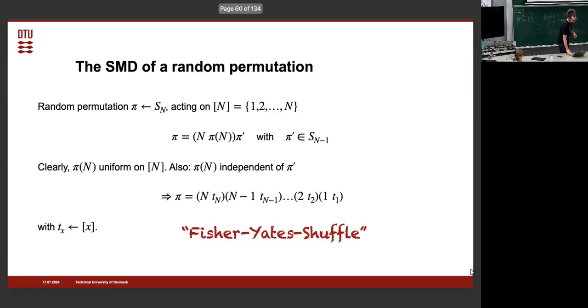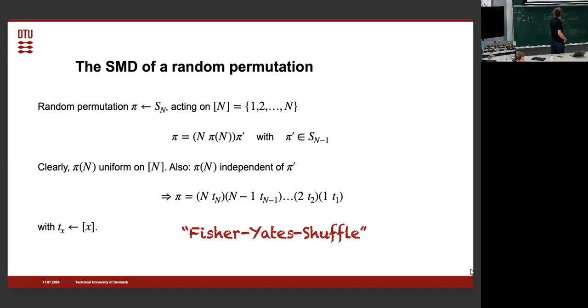Is there some implicit renaming of the last n minus 1 elements after you've assigned where n gets mapped? No. Because pi n is probably in the range 1 up to n minus 1, and you don't want to create collision. I mean, this is here a product of permutations, right? So I can definitely not create any collision. n gets mapped to pi n, right?